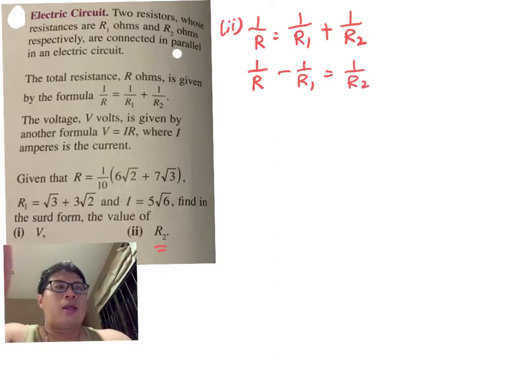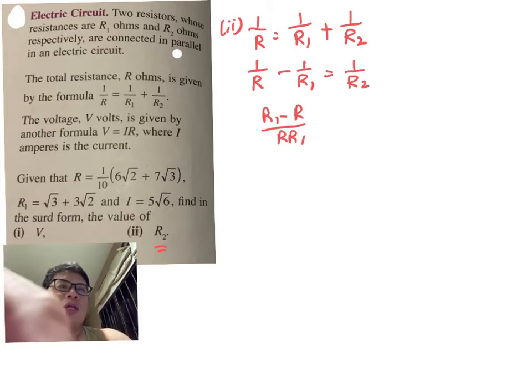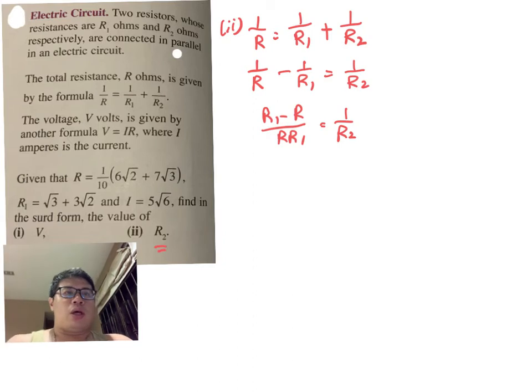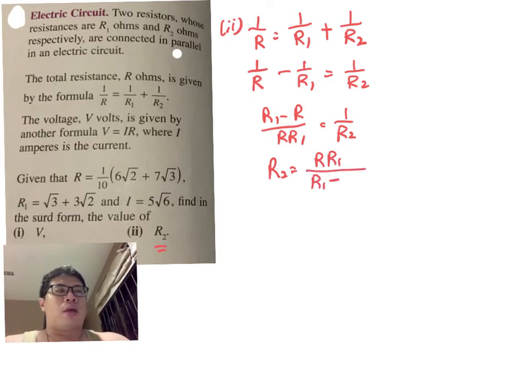After which, if I change it to R1 minus R over R R1, this is basically combining my left hand side into one fraction, treating R and R1 as two different variables. This is 1 over R2, and just by flipping the fraction, R2 can be written as R multiplied by R1 over R1 minus R.